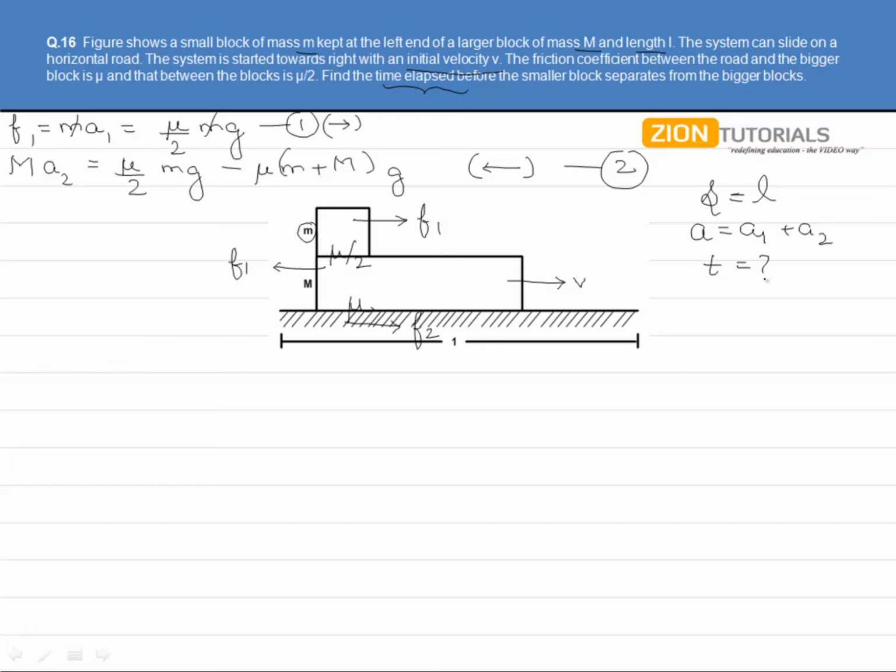We need to find out the time. So let us employ the second equation of motion, that is S equals ut plus half at square. Now u relative is equal to 0 because it started with a velocity of v and there will be no relative motion at the initial moment.